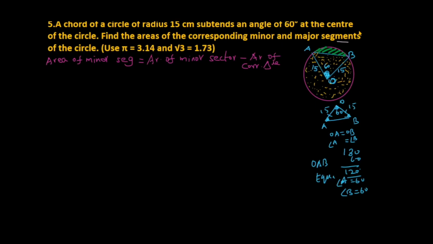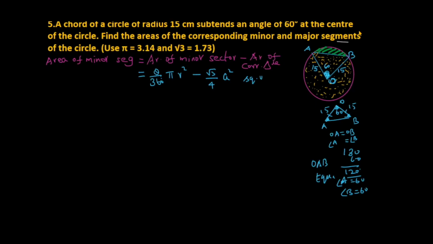We know the area of an equilateral triangle is root 3 by 4 times side squared. So the area of the segment is theta by 360 times pi r squared minus root 3 by 4 a squared square units.